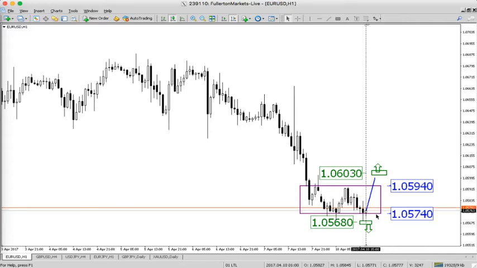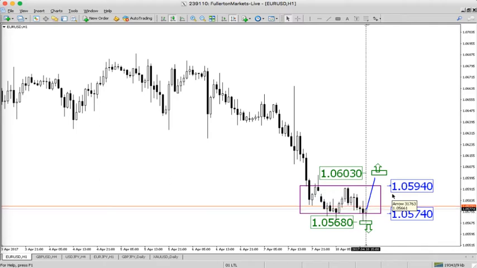Because the consolidation is pretty small on the H1 chart, it is only 20 pips. So for such a tight consolidation, I prefer not to play within the consolidation. I would prefer to look for a breakout play instead. So this is basically Euro dollar H1 for me.